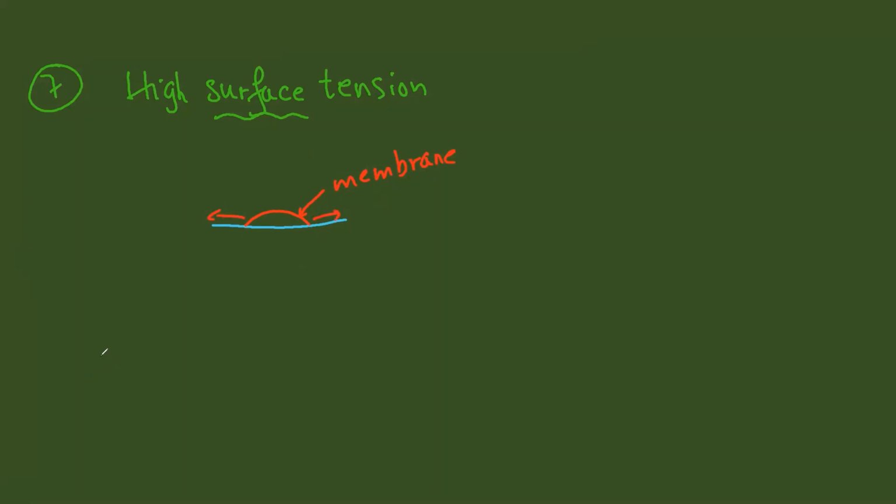This is what's meant by the high surface tension: it provides a skin-like surface. So it acts as if it is covered by a membrane or skin on top.